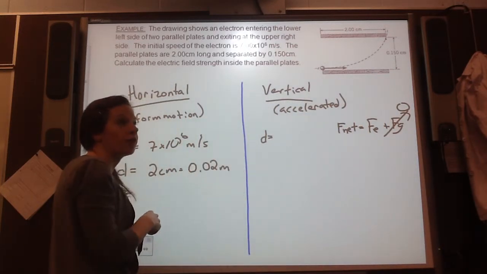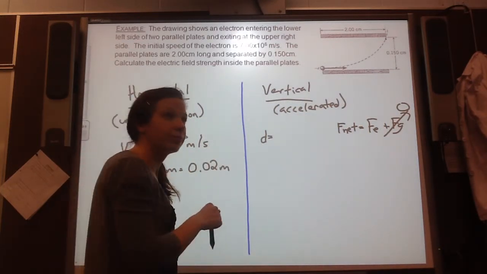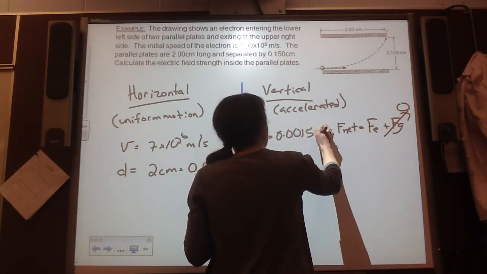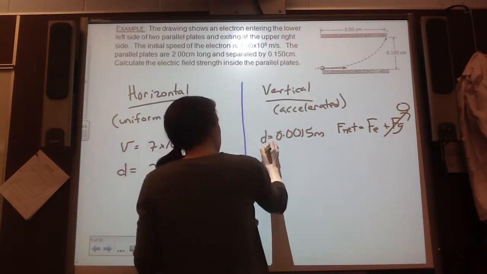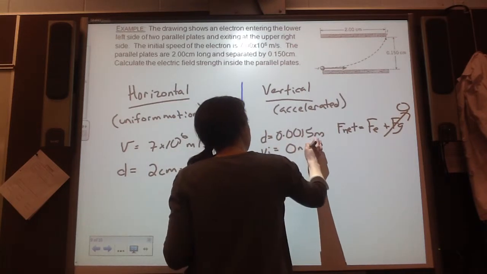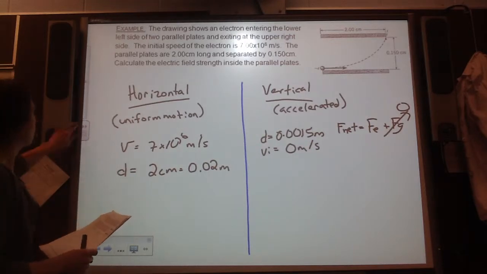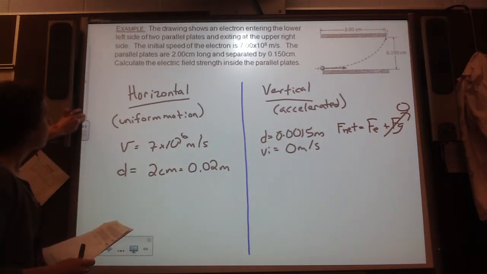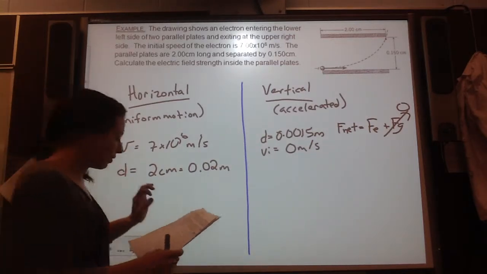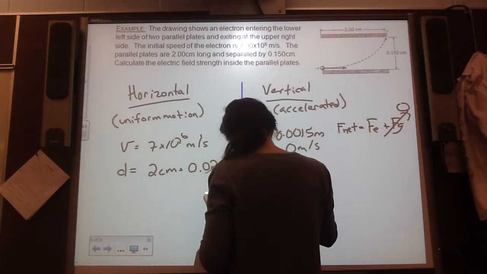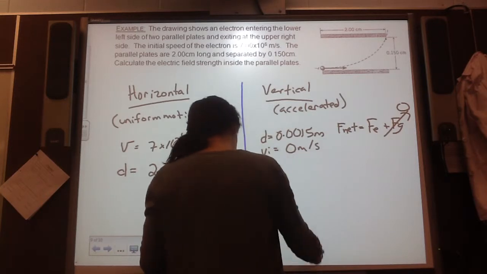So our 0.15 centimeters, so 0.0015 meters. And our v1 is 0 for our vertical. All right. And we are trying to find out overall our electric field strength. Is our question.